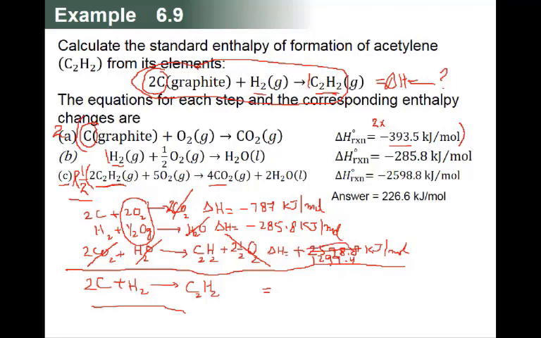So now you can divide it, so it changes. So the answer will be 226.6 kilojoule per mole. So we forgot to divide by 2, because you say this is here divide by 2. So you have to remember this: numbers will also be divided, multiplied and reversed. Okay, so now we go to the next exercise.